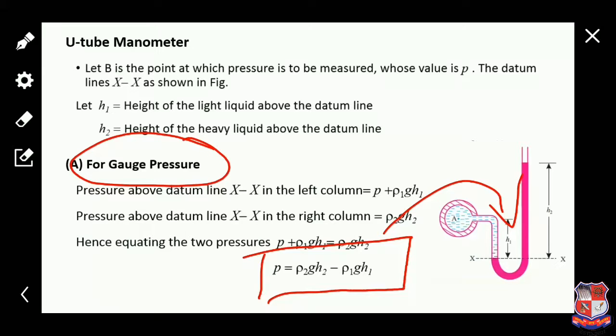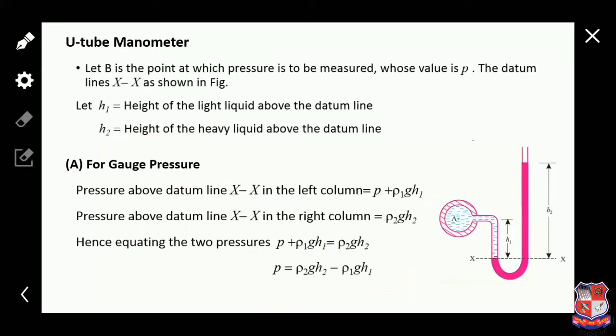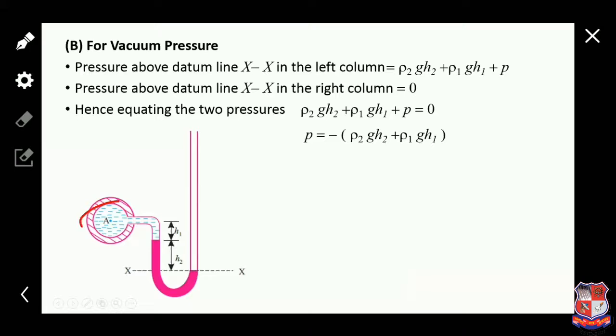If the pressure inside the pipe is vacuum pressure, lower than the atmosphere, then similarly in equilibrium condition we compare the pressure on both sides, the left side and right side of the limb.